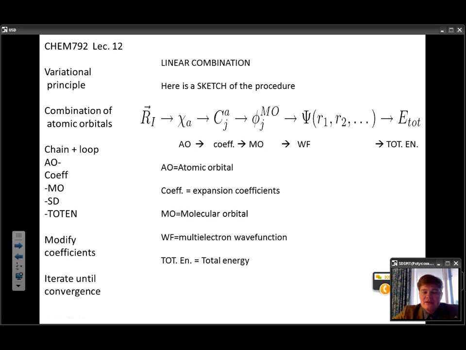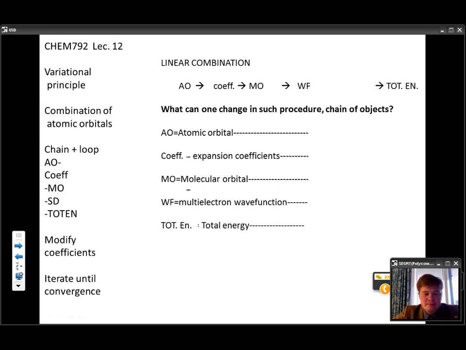So in this procedure, in this set of arrows, we need to change anything we can in order to minimize the total energy. So the goal is to minimize the total energy. And I'm going to the next slide.